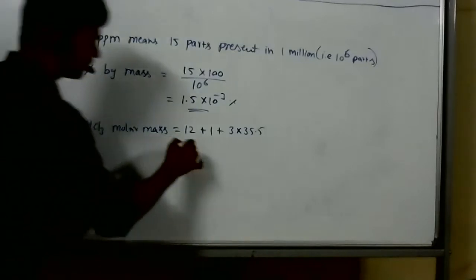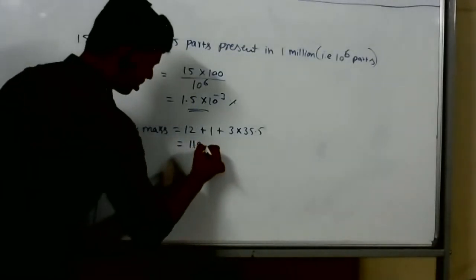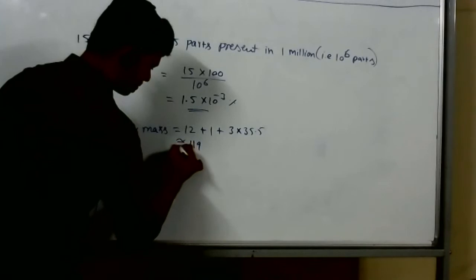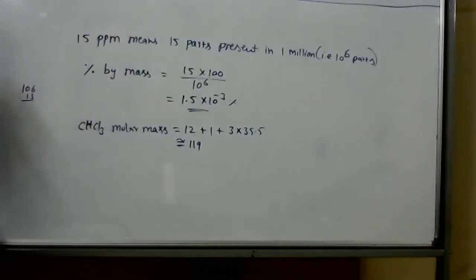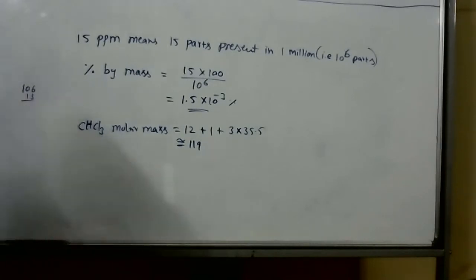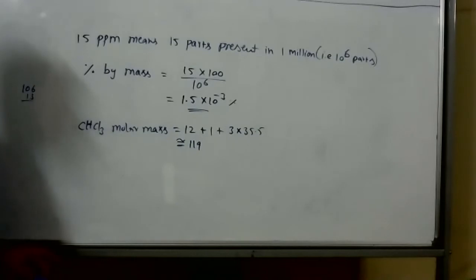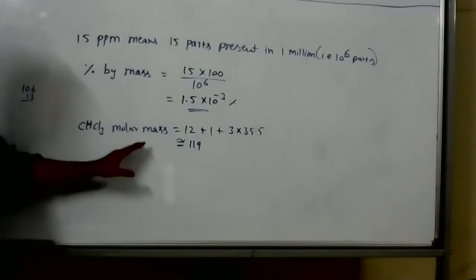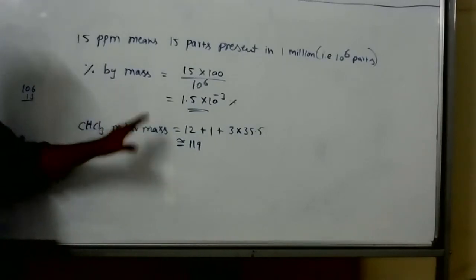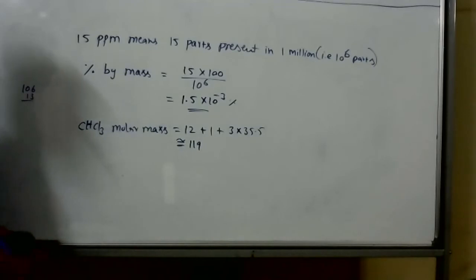So you can write 119.5 approximately. That is the molar mass of chloroform. See, 1.5 into 10 power minus 3 percentage means 1.5 into 10 power minus 3 grams of chloroform present in 100 grams of solution, right?